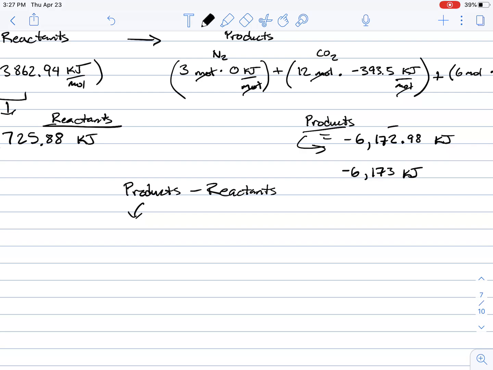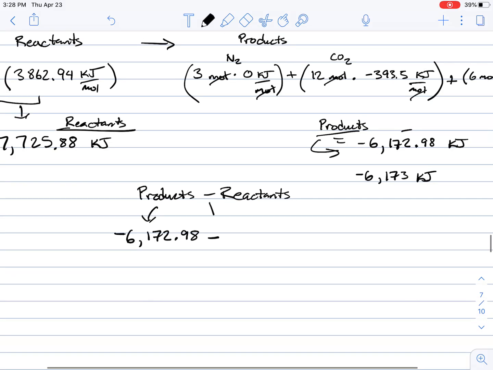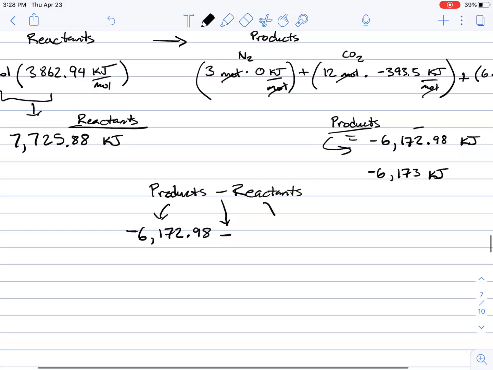And so my products, I'm just going to record the full value at this point, negative 6,172.98, then minus, and please don't forget that this is a minus sign, the reactants, which is 7,725.88 kilojoules.